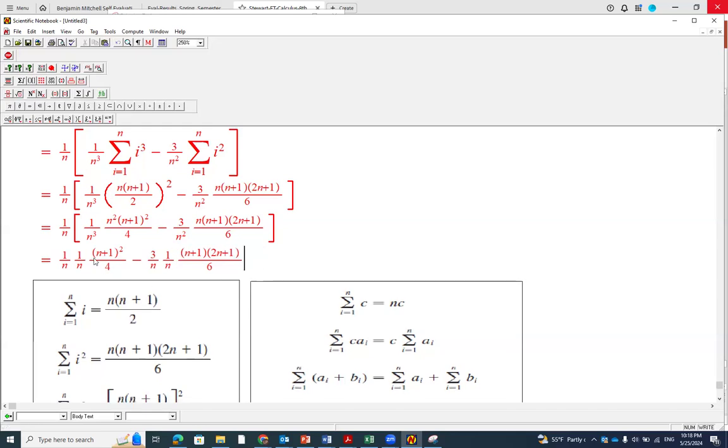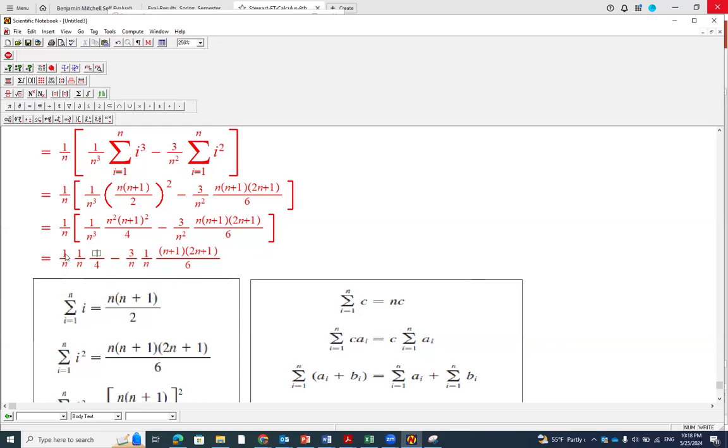We're going to bring that inside, and n plus 1 squared, we're going to distribute that n plus 1 to each n plus 1 times n plus 1. The same trick. So 1 over 4, we keep it. And over here, this is 6, and this is 3. So we're going to bring the n. So we split these two.